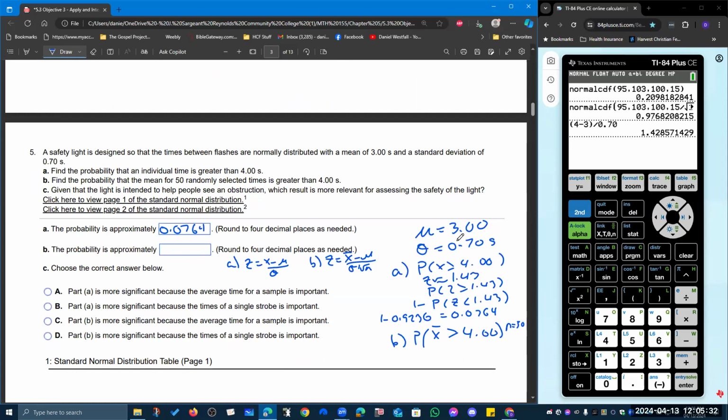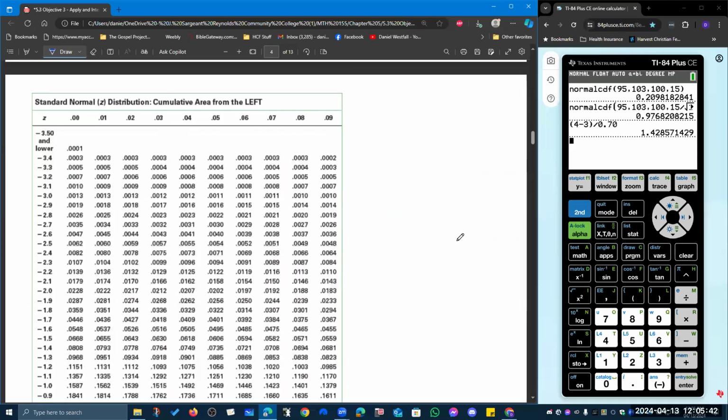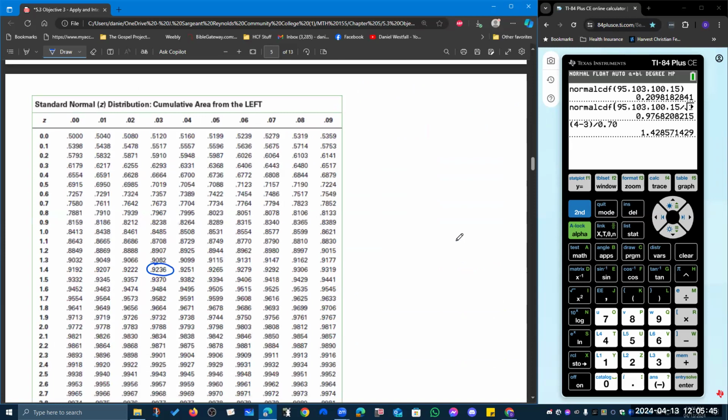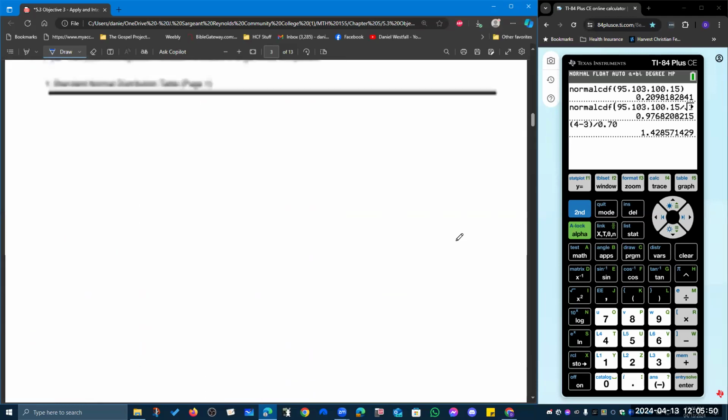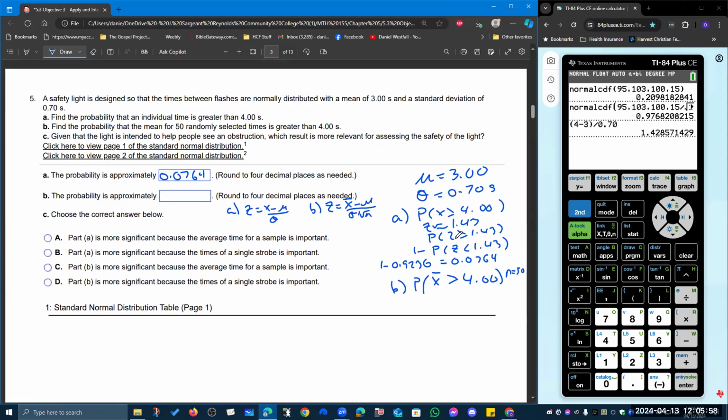So let me check that out. 1.43. Yeah, so they used technology, even though they said to use the Z table here.